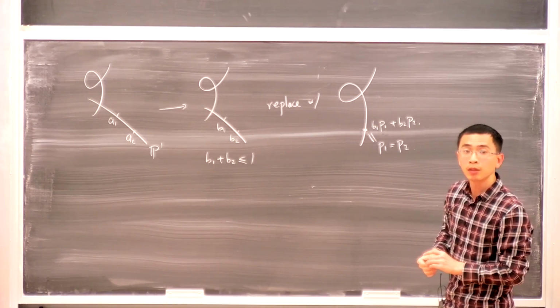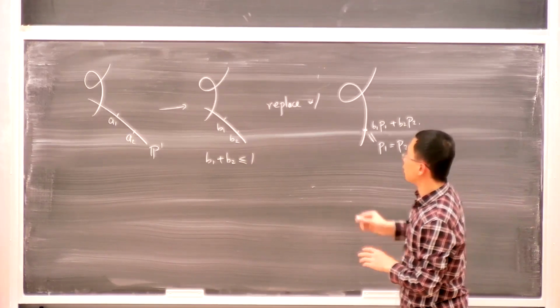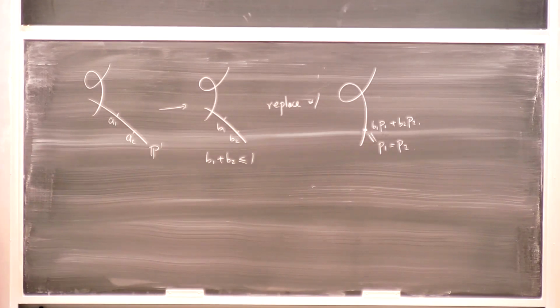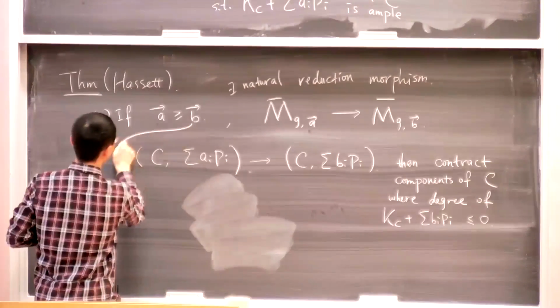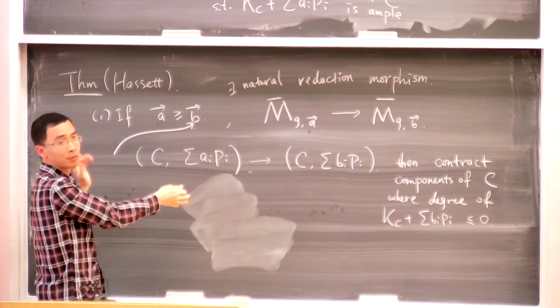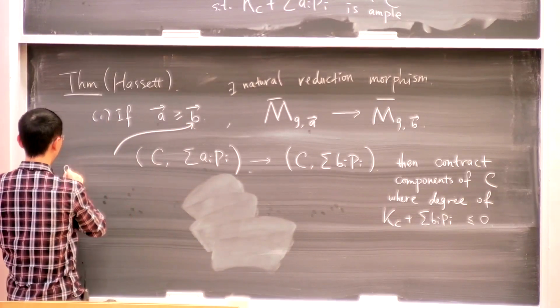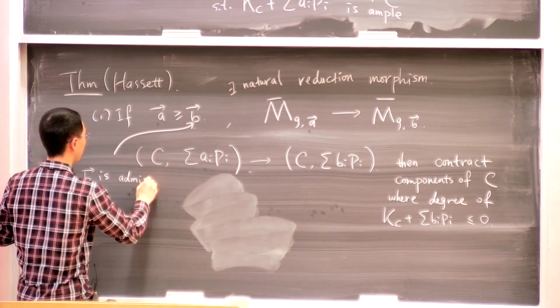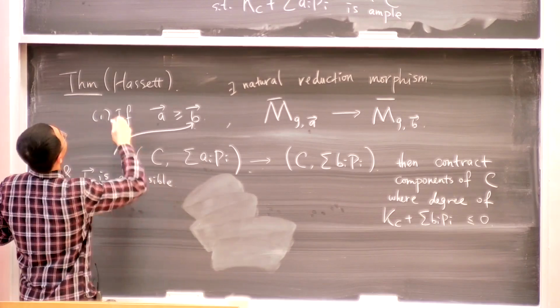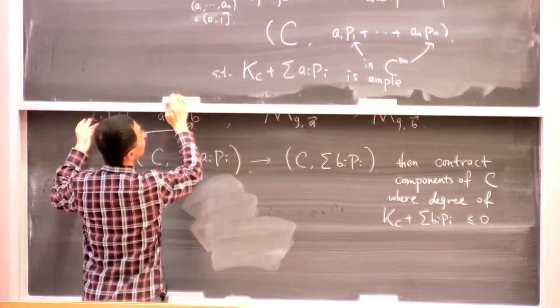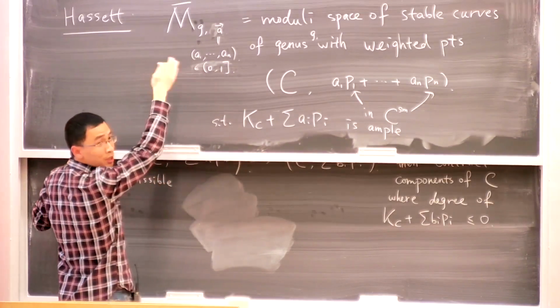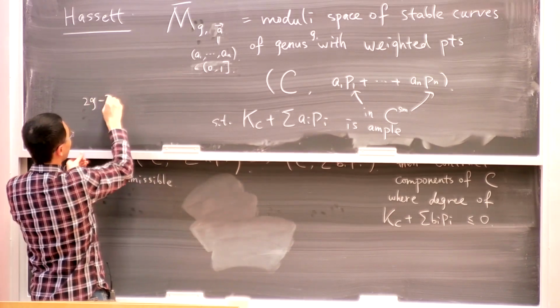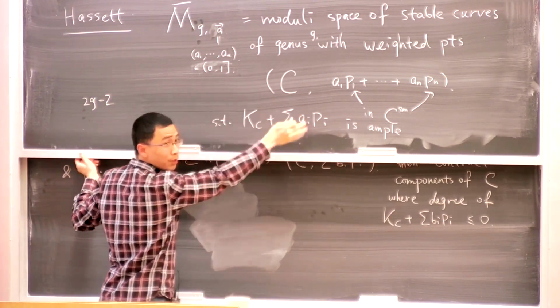Sorry? So it won't become all negative because the total degree is going to be positive. Of course this weight has to be in the admissible range. And admissible means that, even for that moduli space, in order to have a non-empty moduli space, you have to require that the degree of this has to be positive.